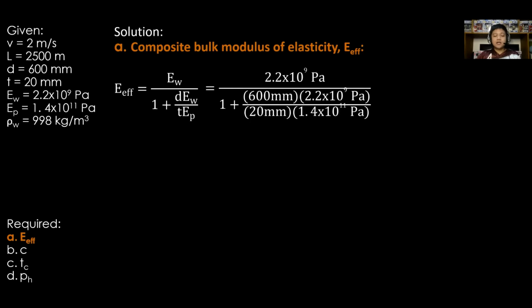So again, D is 600 millimeters multiplied by E sub W, that is 2.2 times 10 raised to 9 pascals, over T, that is 20 millimeters multiplied by the elasticity of the non-rigid pipe, that is 1.4 times 10 raised to 11 pascals. The E effective is equal to 1,495,145,631 pascals.